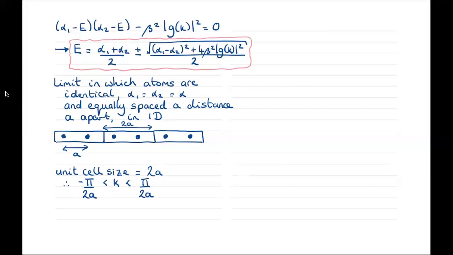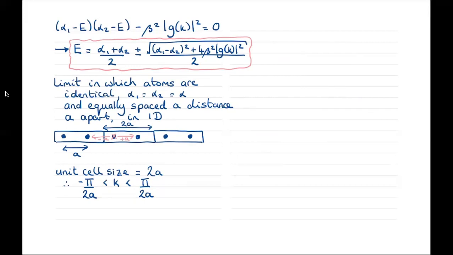So in reciprocal space, in k space, the range of k values is halved. Our nearest neighbor vectors: if we take one atom, say this one, then we have one atom which is a distance plus a from this atom, and another atom which is at a distance minus a from the atom.